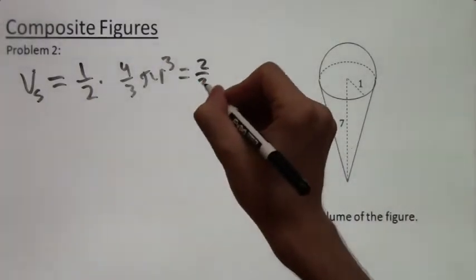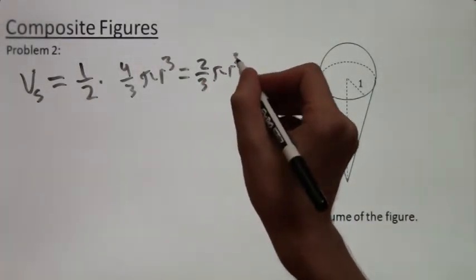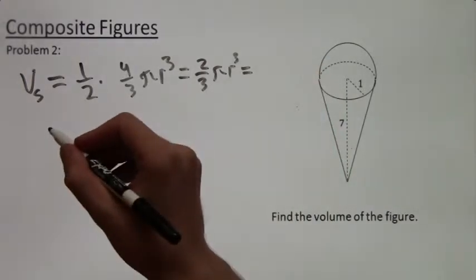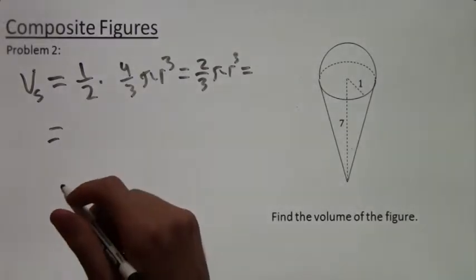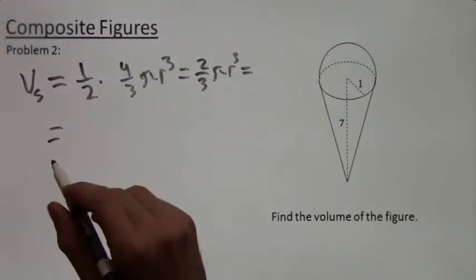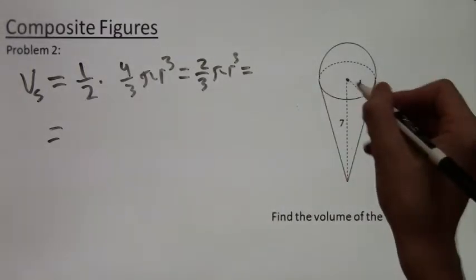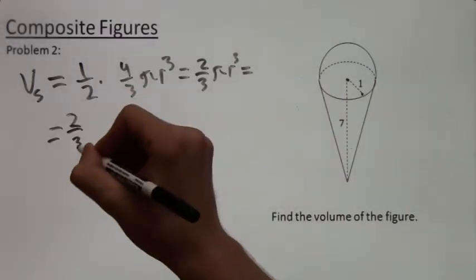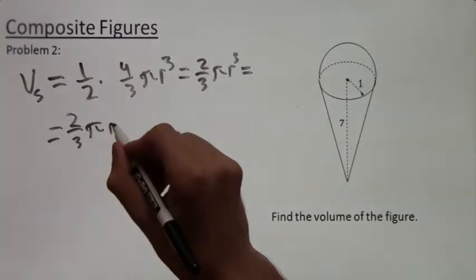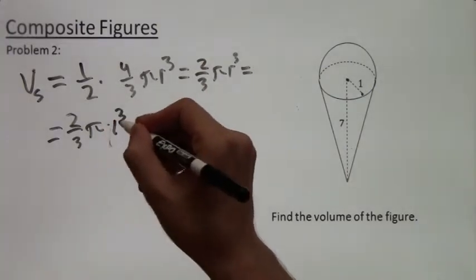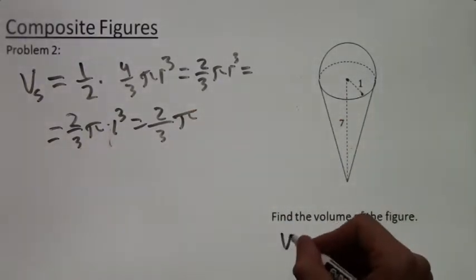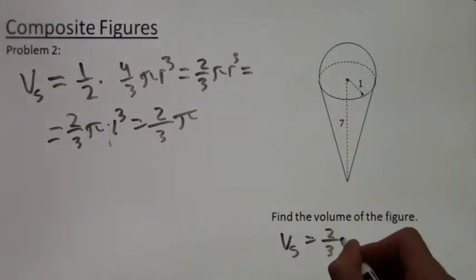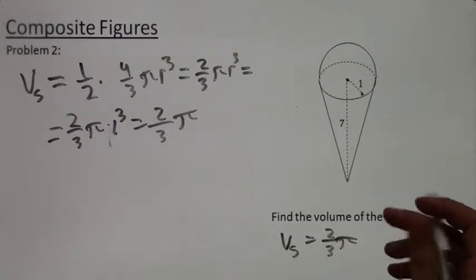So we have 2/3 pi r cubed because of the 1/2. And then we plug in r equals 1. And that gives us 2/3 pi times 1 cubed. And 1 cubed is just 1, so we get 2/3 pi. So the volume of the half sphere is 2/3 pi.